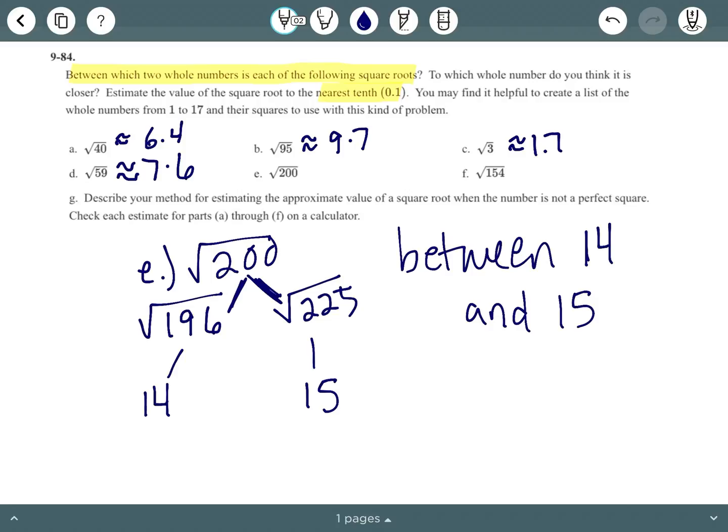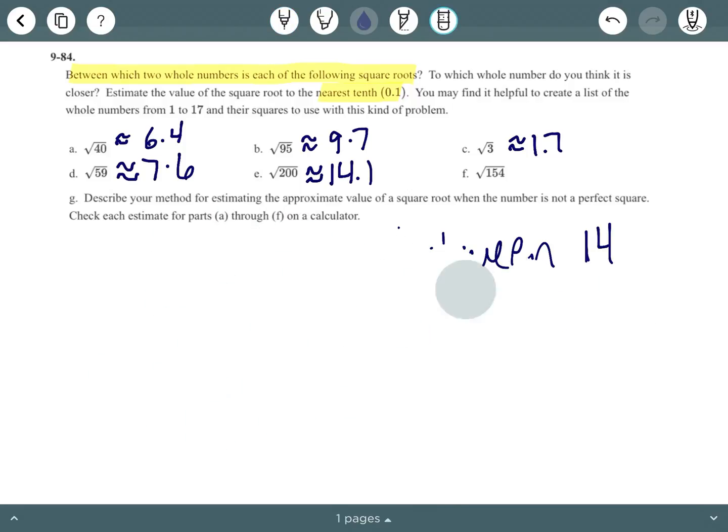So we're a lot closer to that perfect square of 196 than we are to 225. So we're going to have a square root that's slightly above 14. So I'm going to say 14.1 or 14.2. I'm going to try 14.1, see what we get.